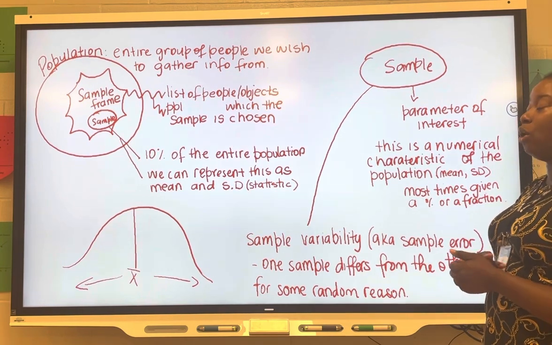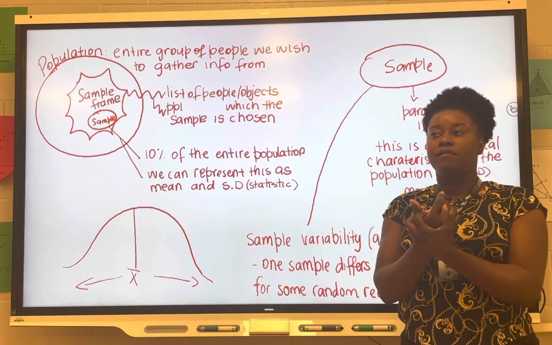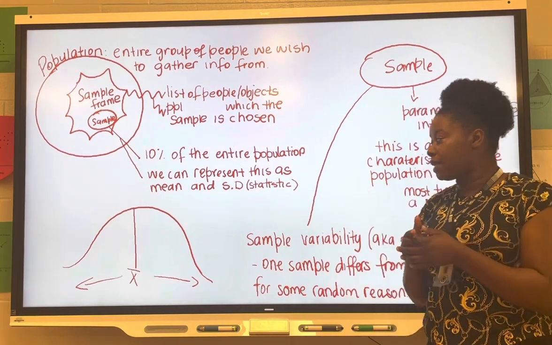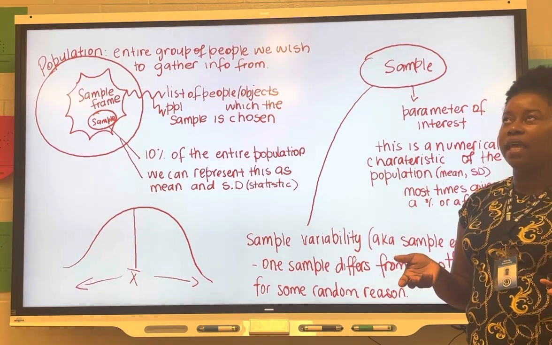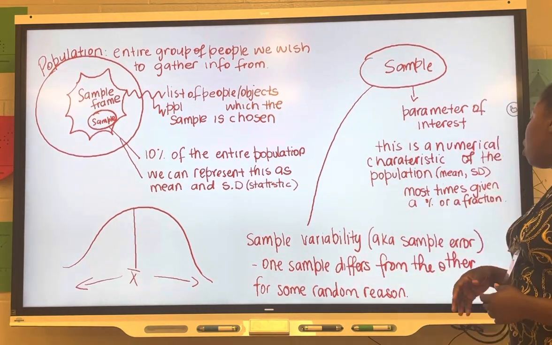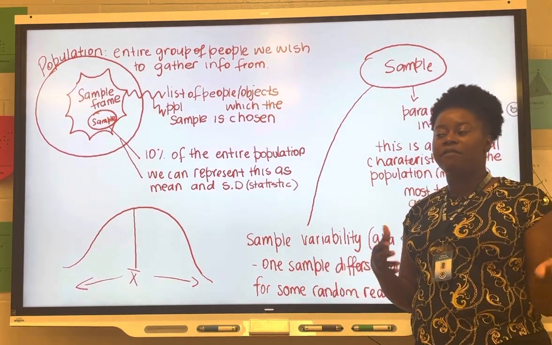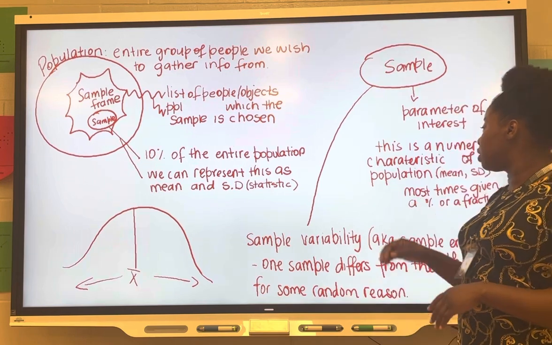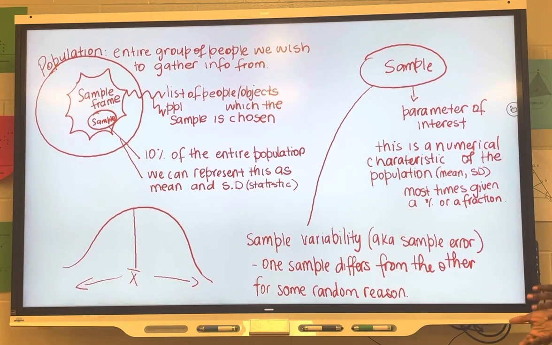Sometimes it will be given to you as a percent, or as a fraction of the entire whole. For example, they could say that 50% of this population are children who are orphaned, or they could say of the 1,000 people of the population, 500 are orphans. So the presentation varies, but the idea is still the same.